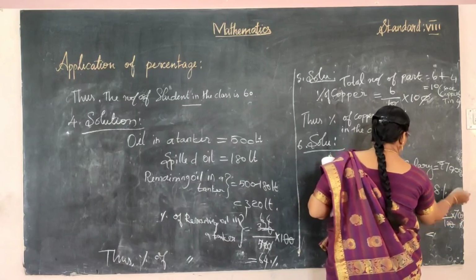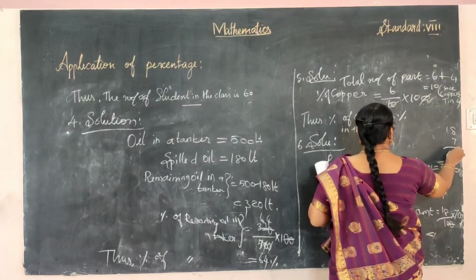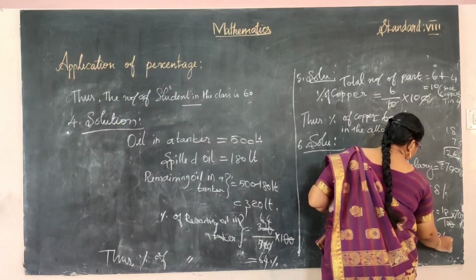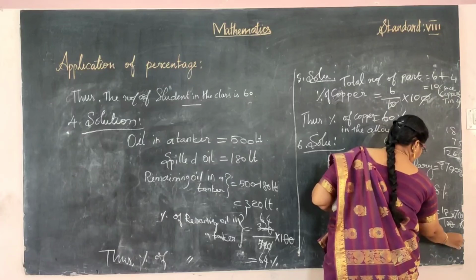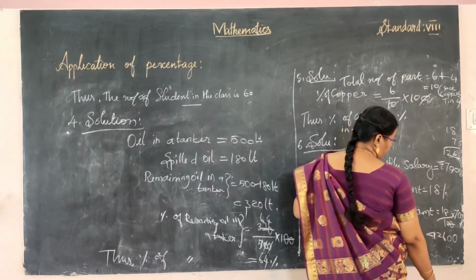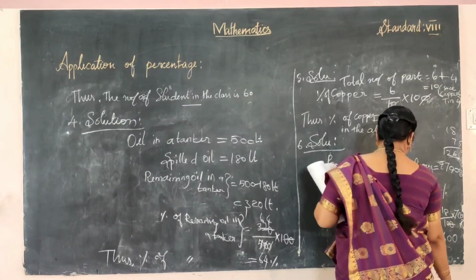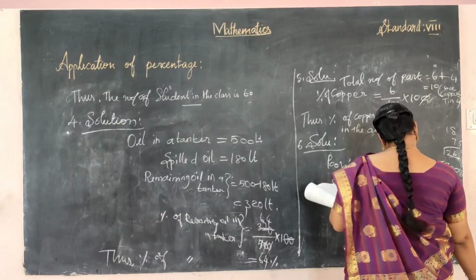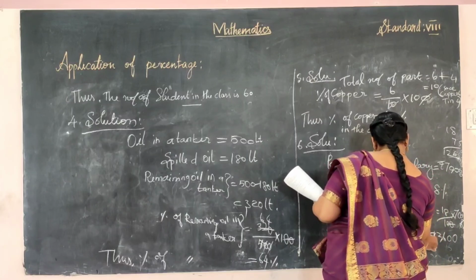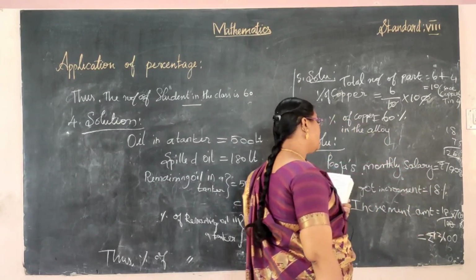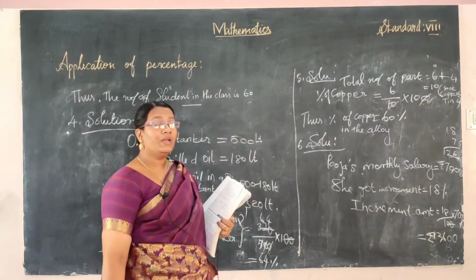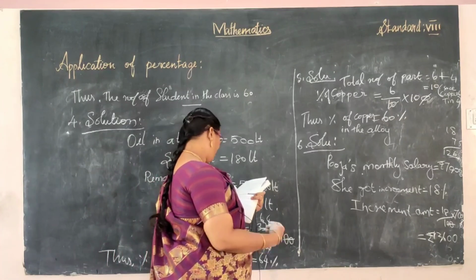Now multiply 18 sevens are 126, then add two zeros. What is the amount? 12,600. So 18% means 12,600 rupees increment.